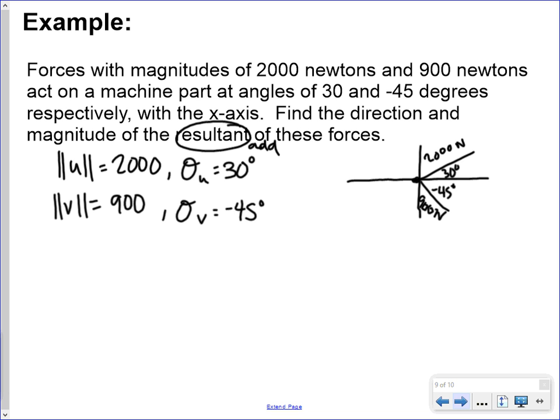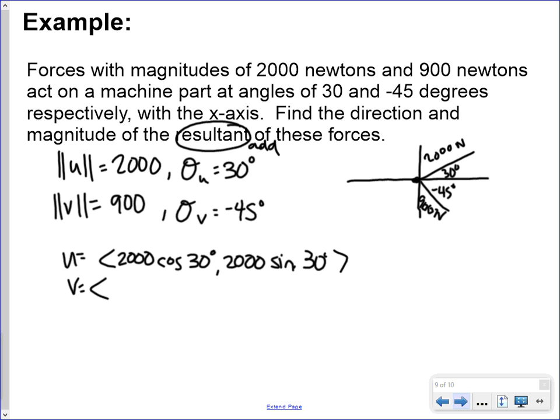Okay. So I would do component form U equals 2,000 times cosine 30 and 2,000 times sine 30. And then I would do V is 900 times cosine of negative 45 and 900 times sine of negative 45.